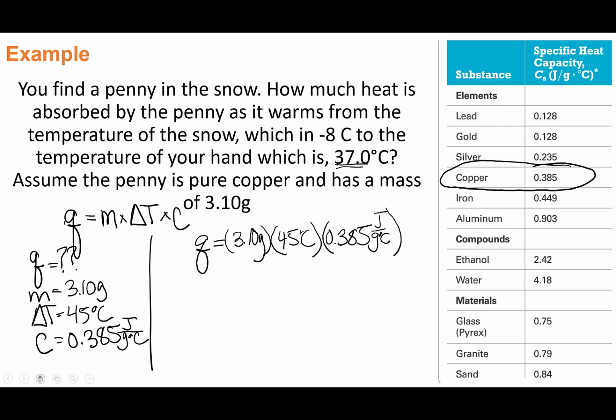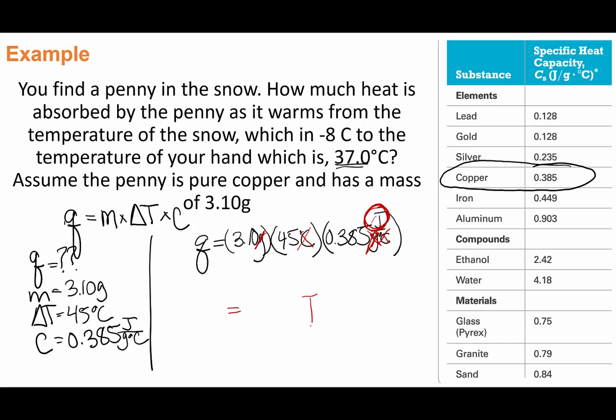The units for specific heat are going to be very important. Looking at specific heat, I have grams on the bottom of a fraction, and over here I have grams on top, so those units cancel. In specific heat, I have Celsius on the bottom, and I have Celsius here in my change in temperature. So what is the only unit that is left in this problem?